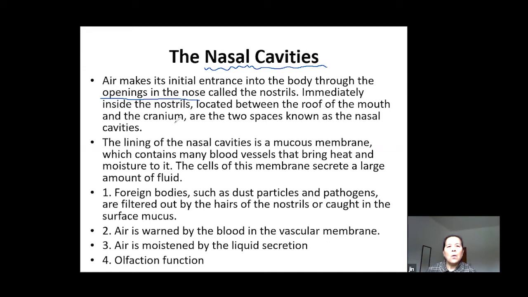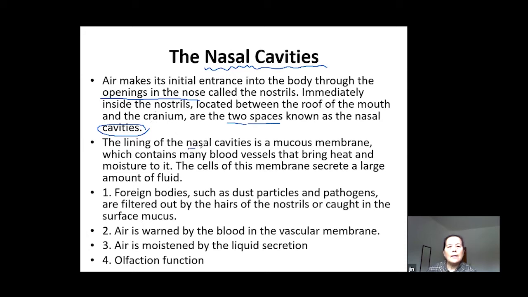So when going inside the nose, we have a cavity there. We have two separate spaces and two cavities there. Basically, the function of this part is not only for air passing through. They have special functions.